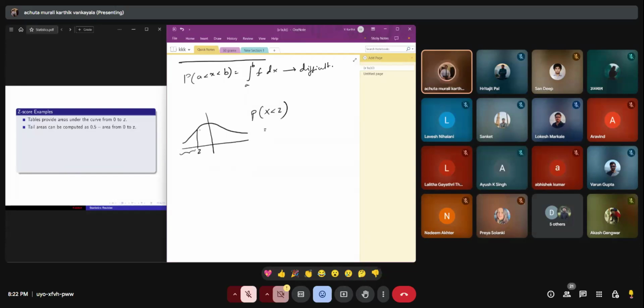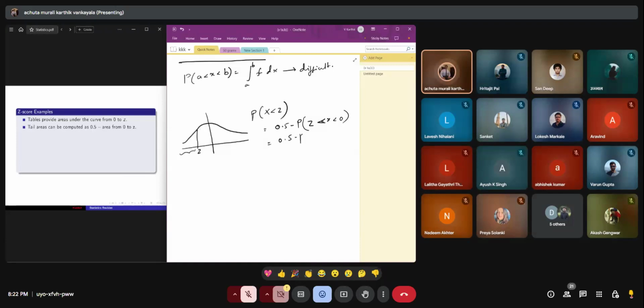You can do this as 0.5 minus the probability of z less than x less than 0, and from these tables you can find this value.